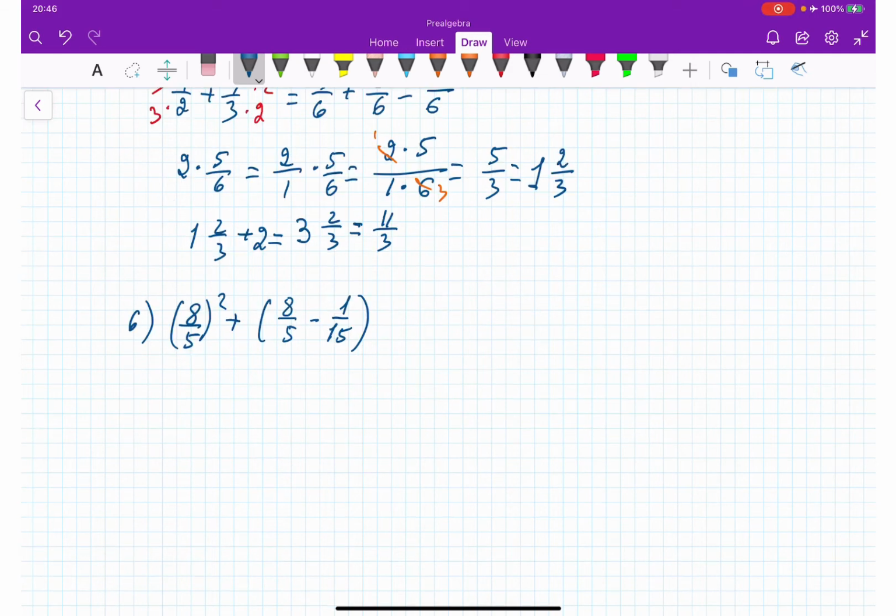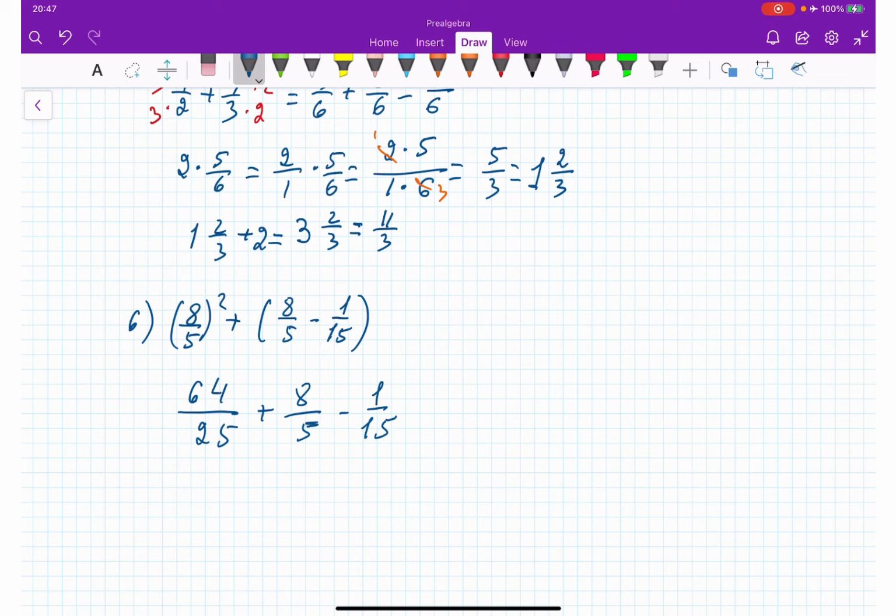Okay, how are we going to solve this problem? Very easy. I'm going to release all parentheses. So 8 over 5 squared is going to be 64 over 25 plus 8 over 5 minus 1 over 15.